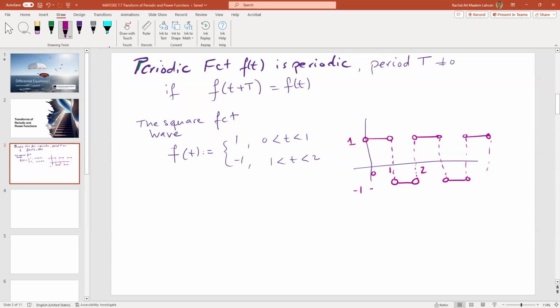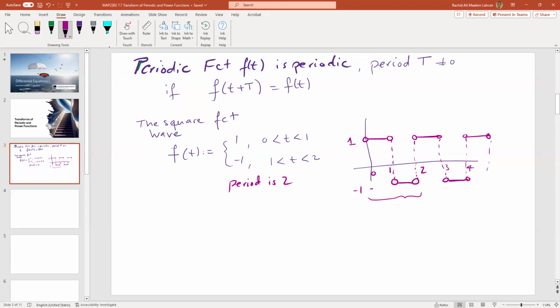And the period here is 2. So since the period is 2, then every other 2, so that's 3, 4, we would expect the same pattern to repeat, right? You have this on top, you have this at the bottom. So after 2, same thing, you have this on top, you have this at the bottom, and it keeps going. So this is the square wave function.